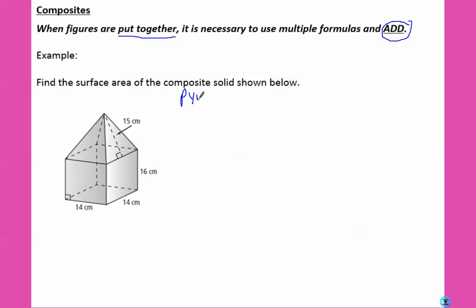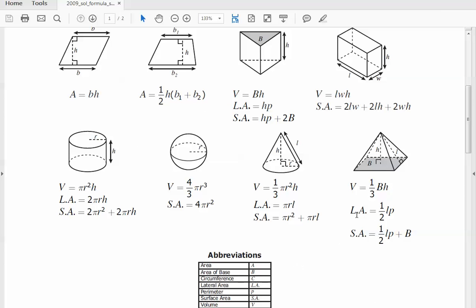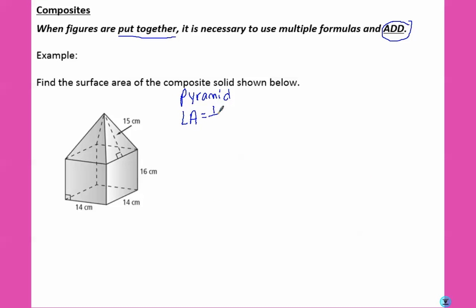So for the pyramid, we are going to find the lateral area. The formula for the lateral area is 1/2 LP. Now it told us that the L, our slant height, is 15, but we need to know the perimeter of the base.